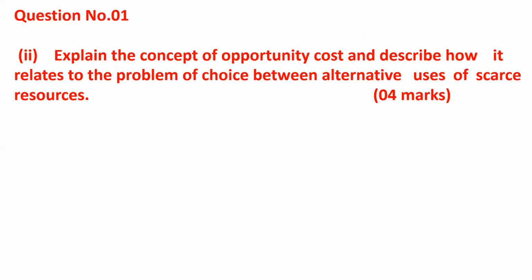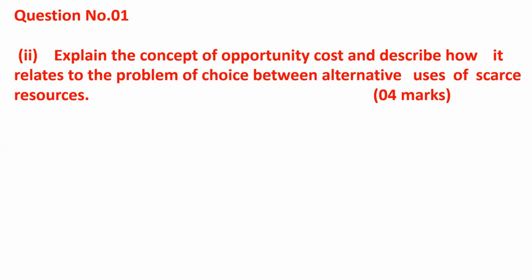Question number 1, part 2. Explain. Again, the question asks to explain the concept of opportunity cost and describe how it relates to the problem of choice between alternative uses of scarce resources.